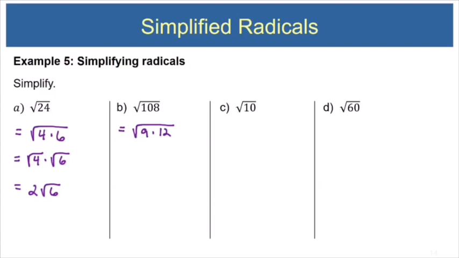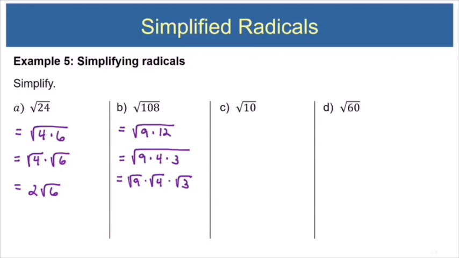So I'm going to go ahead and break down this 12 into 4 times 3. So that's going to give me 9 times 4 times 3. And now I'm going to use the product rule to give each factor its own radical. So that's going to be square root of 9 times square root of 4 times square root of 3. See, that's where our product rule comes in. And now we will simplify these first two radicals.